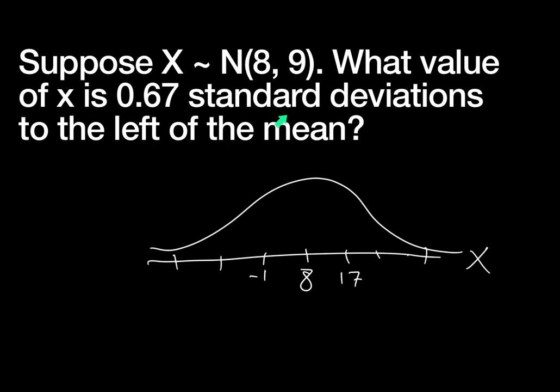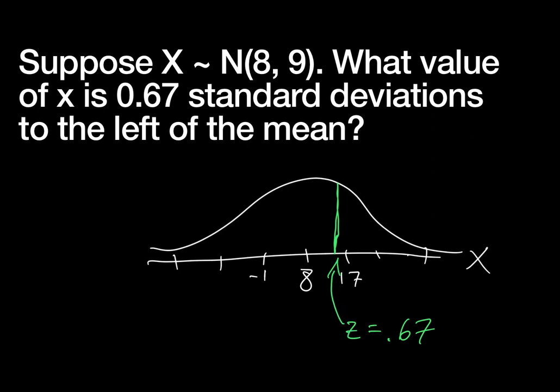What value will have a standard deviation score of 0.67? A z-score of 0.67 will be right about there. How do I know? It's positive 0.67, so it's to the right of the mean. It's not above 1, so it's less than 1 standard deviation, and 1 standard deviation is there, that's 17.